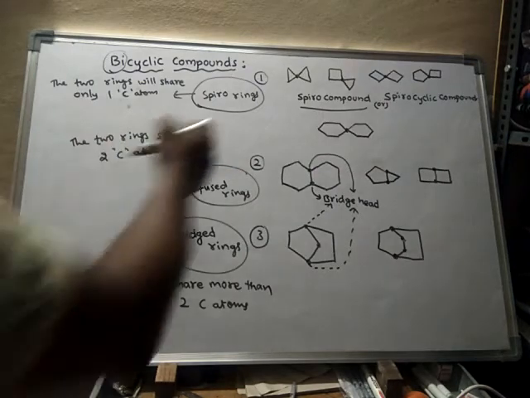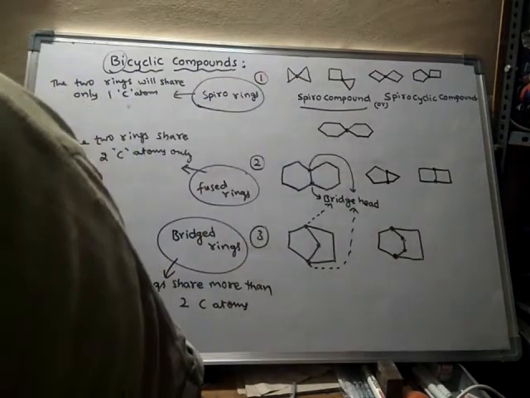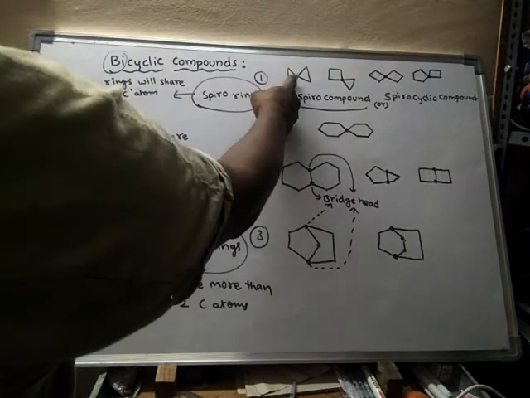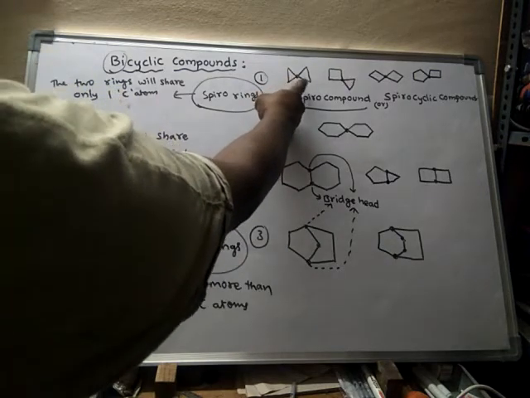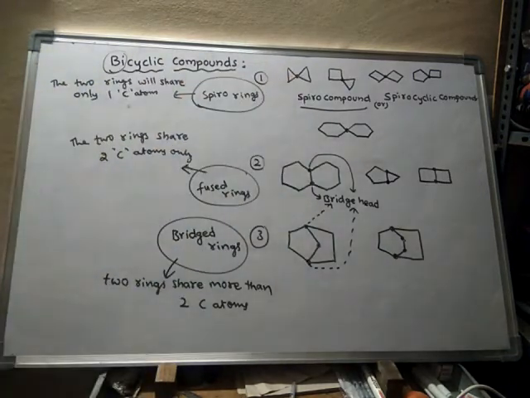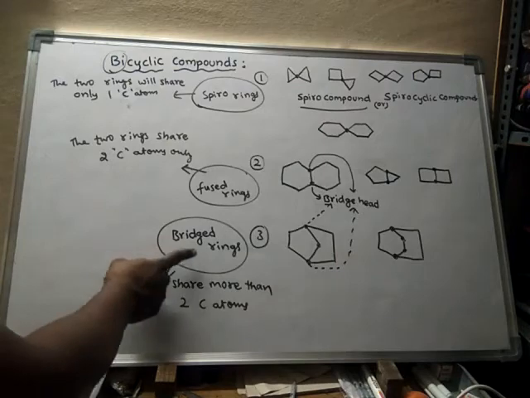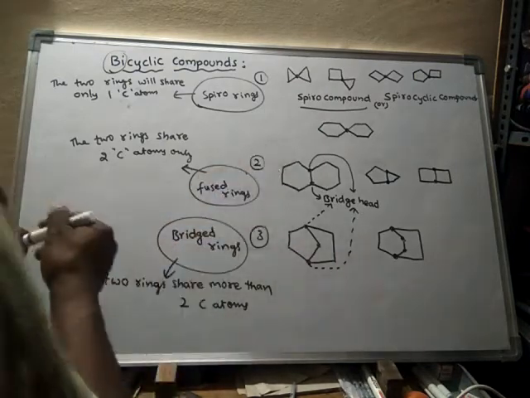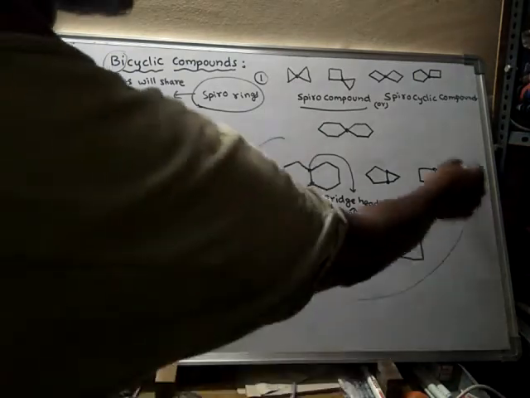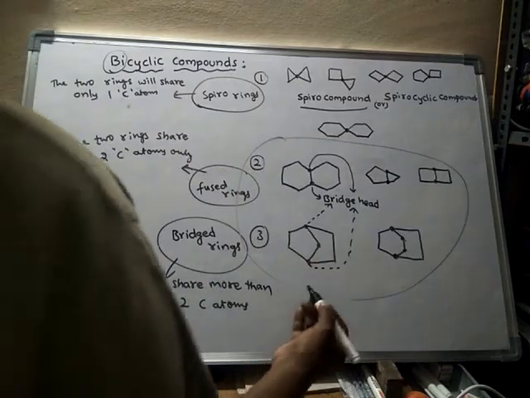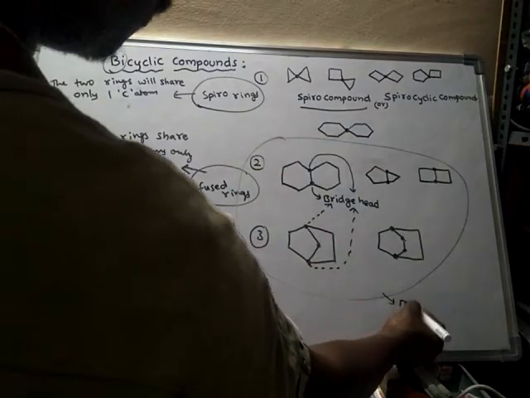In spiro rings, only 1 carbon is shared. So like this, the compounds will be. All these, bridged rings and fused rings together, we may directly call them bicyclo compounds.